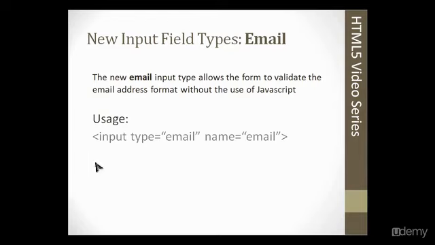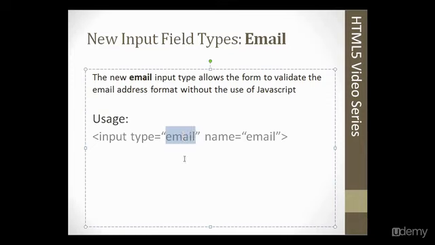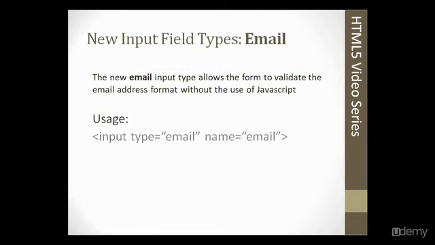All you have to do is use the type email. Usually you'd have text or whatever, but if you use the type email, it's going to validate it for you right then and there.